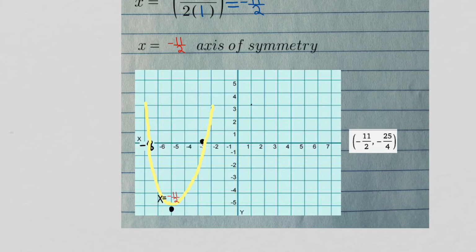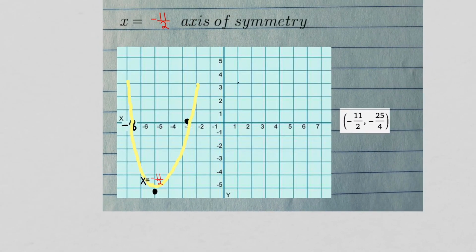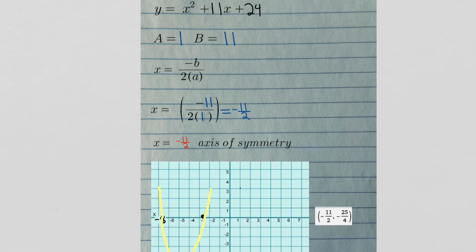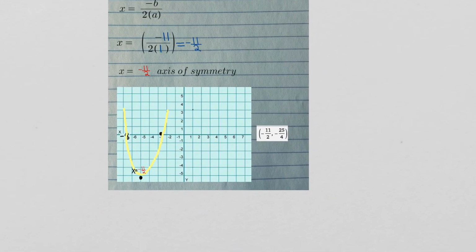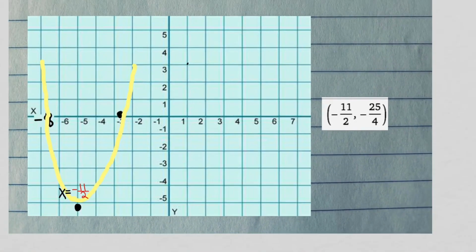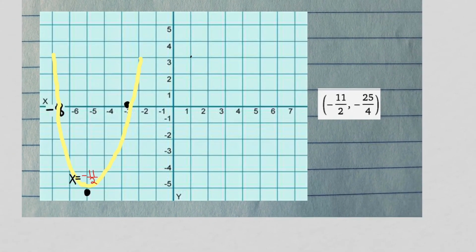And if we turn it into a mixed fraction, that would be negative 5 and 1/2. So over here, this is also the negative 25 over 4. If I were to plug negative 11 halves back in to get the vertex, my y value would be negative 25 over 4. That's going to be negative 6 1/4.